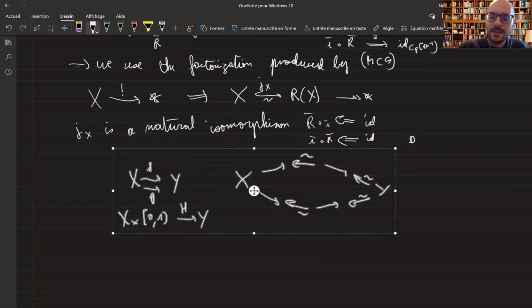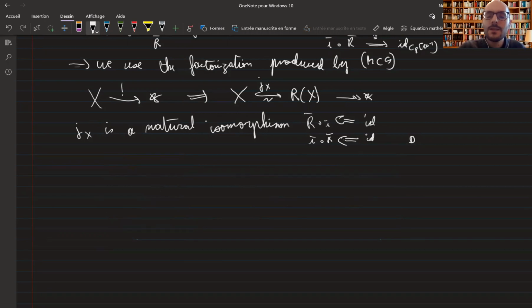So this is exactly what we are going to do in an arbitrary model category. This is a notion called homotopy. Maybe I should say homotopies, because there are two kinds of homotopy, depending on whether you look at the target or the source of your map.